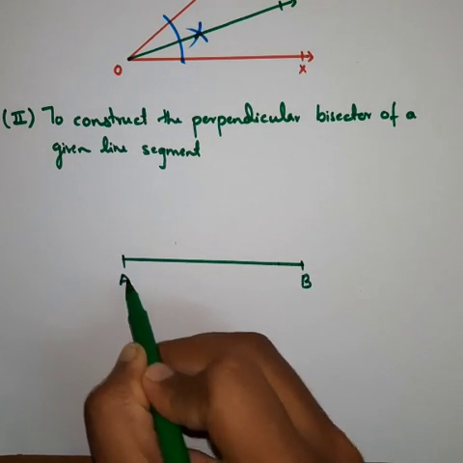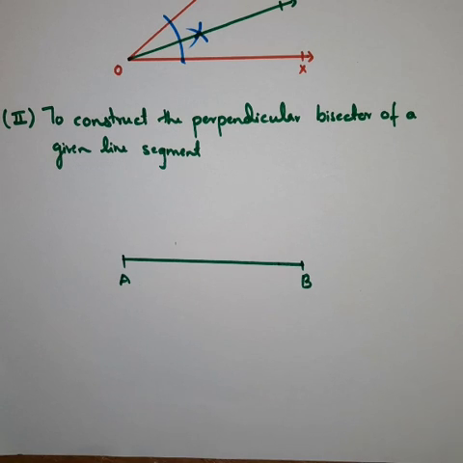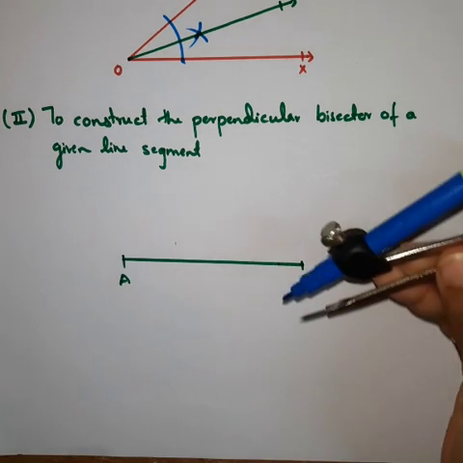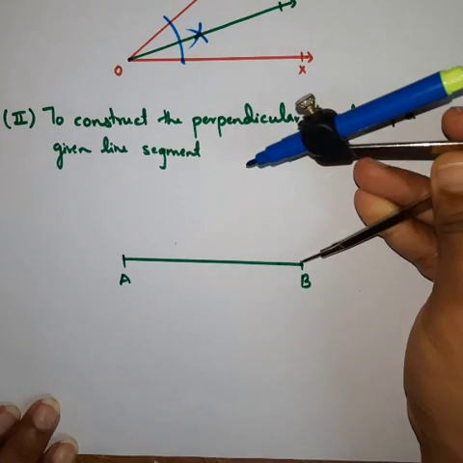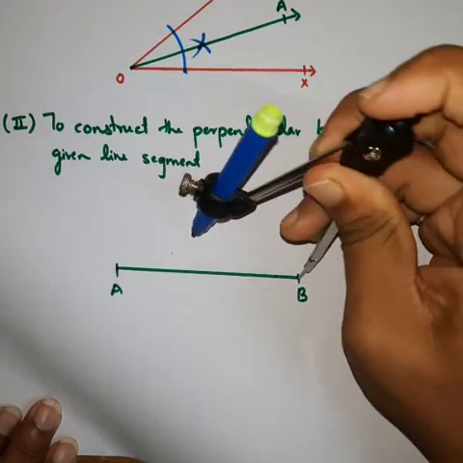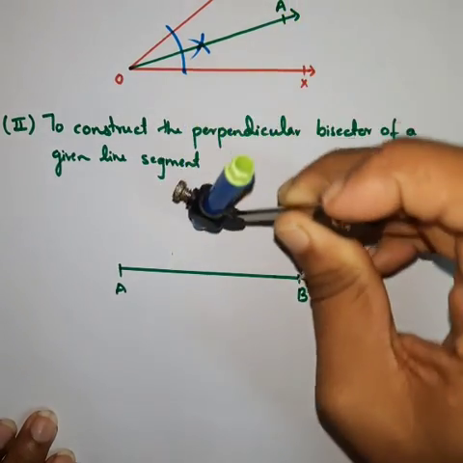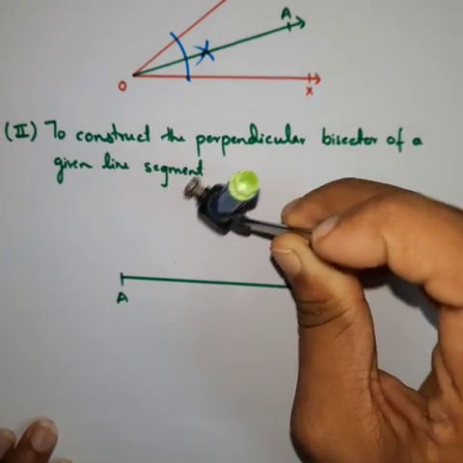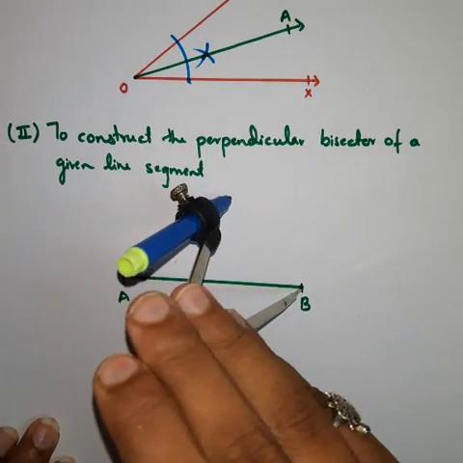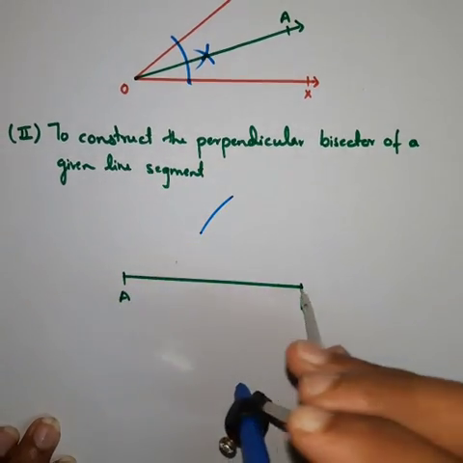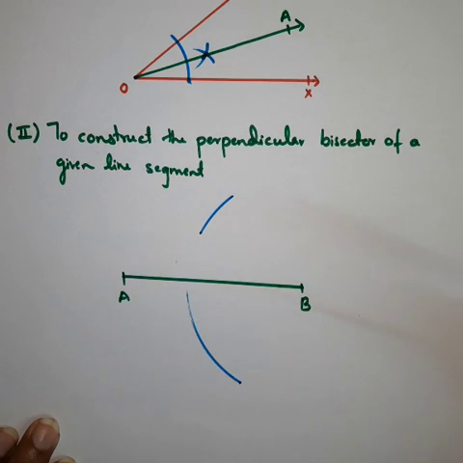So I'm marking this A and B. In order to construct a perpendicular bisector, I'll point the compass at B and take more than half. I'm taking it more than half and marking a curve above and below the line segment.